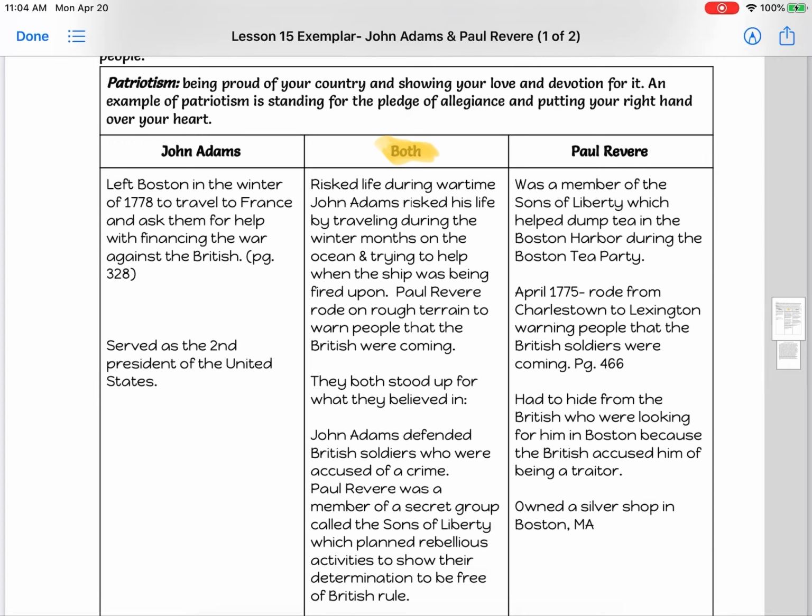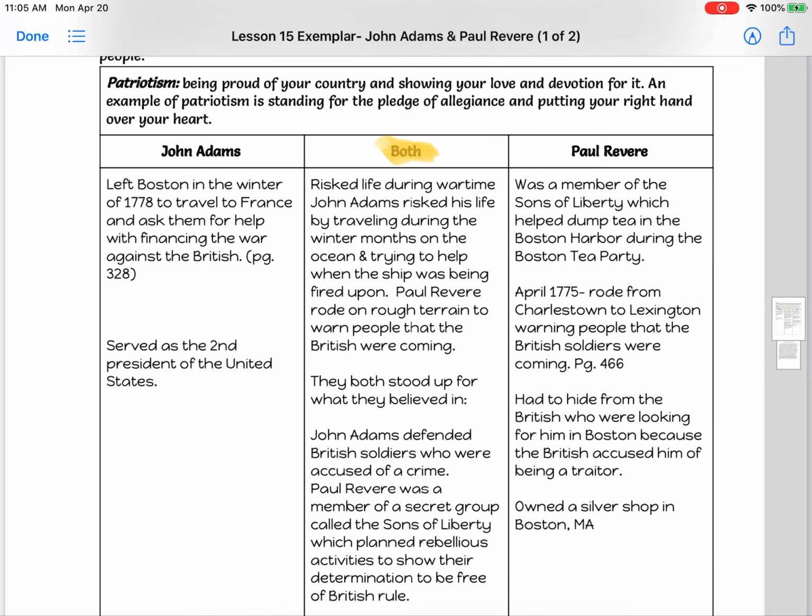One of those characters we read about, John Adams, in the story Dangerous Crossing a few weeks ago. Well, it's probably been a month ago. And then I compared him to Paul Revere in how patriotic they were. So you can see here in each of the columns, I have ways that they demonstrated patriotism.